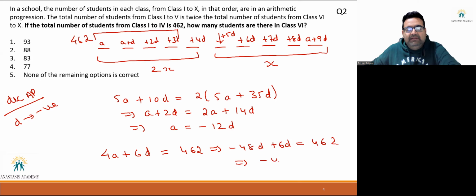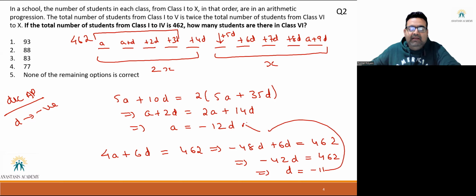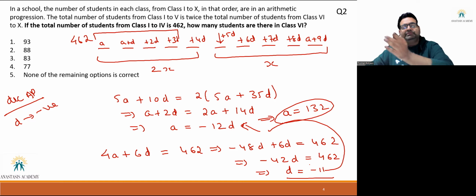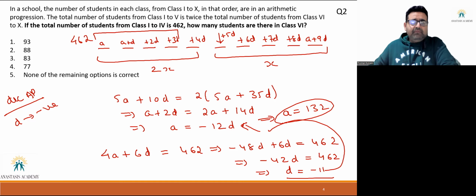This gives me minus 42D equals 462, and 462 is nothing but 42 into 11. So D will come out to be minus 11. And when you put this minus 11 here, my A will come out to be 12 into 11 is 132. So the series starts with 132 and drops 11 at every step.